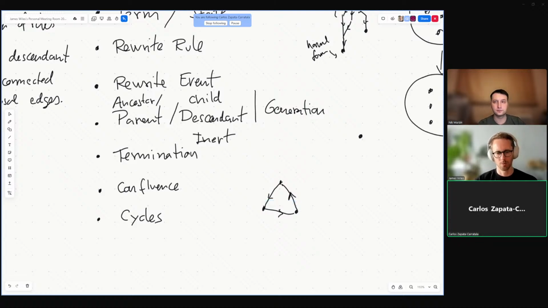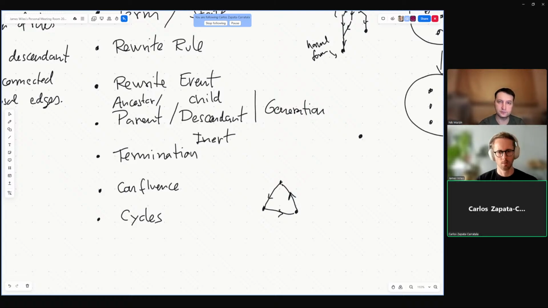The reason I'm saying it's the opposite of a terminating state is because it never ends, so it's not terminating. But in another sense, it is the same as a terminating state because once you've identified a cycle within your rewrite system, it can be that this is a terminating cycle.